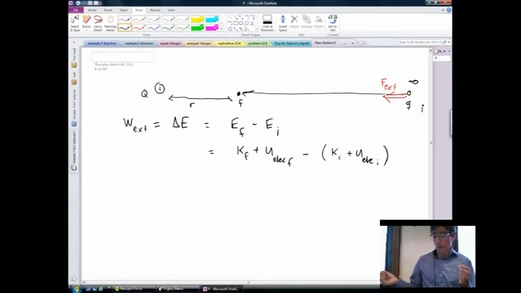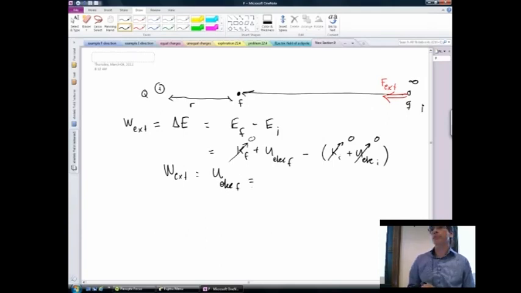Since I said that the particle is going to move very slowly, I'm not going to let it accelerate and gain kinetic energy. I'm starting from 0 kinetic energy, and I'm going to end up with 0 kinetic energy. That just depends on how I apply the external force. If I'm starting infinitely far away, the initial potential energy of the particle is also 0, as we defined it previously. So the work done by that external force is simply equal to the electric potential energy at the location where you leave the particle.